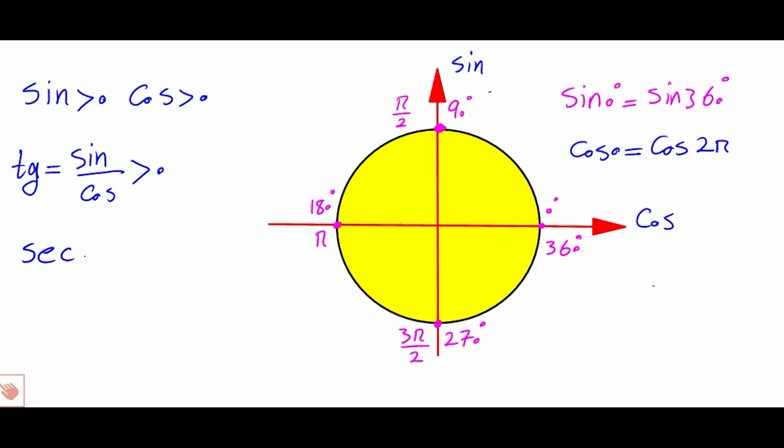Secant is equal to 1 over cosine, which is positive because the sign of cosine is positive. Cosecant is equal to 1 over sine, which is positive because the sign of sine is positive.